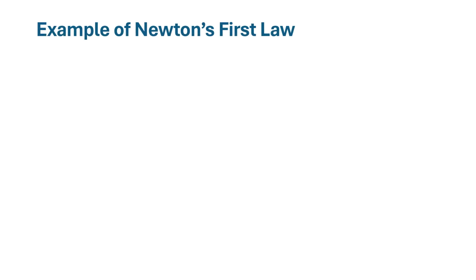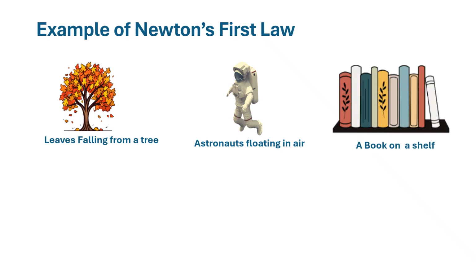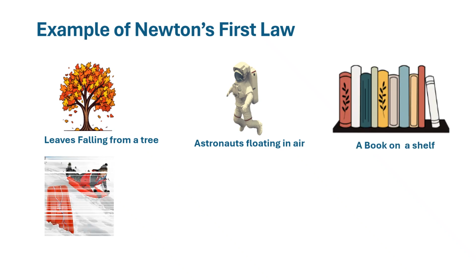Now let's study some other examples of Newton's first law of motion. One of the best examples is leaves falling from a tree. Second, astronauts floating in air. Then a book on a shelf. One more example is a sled on snow.